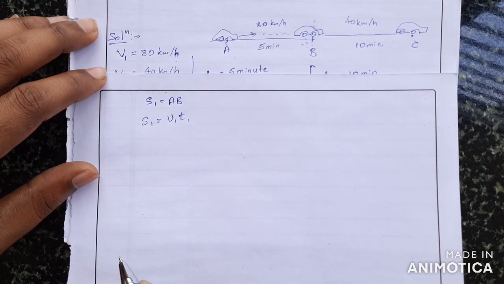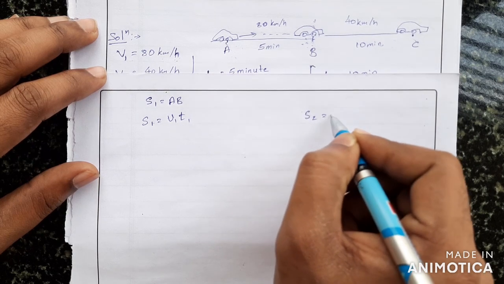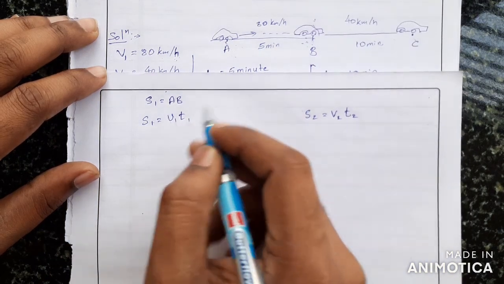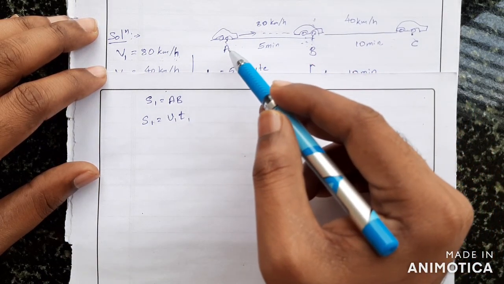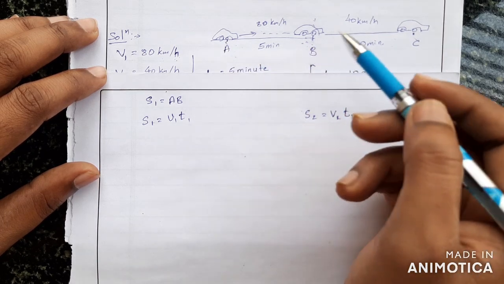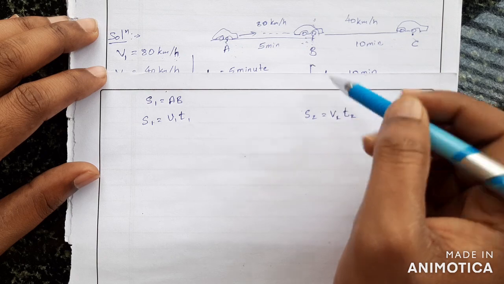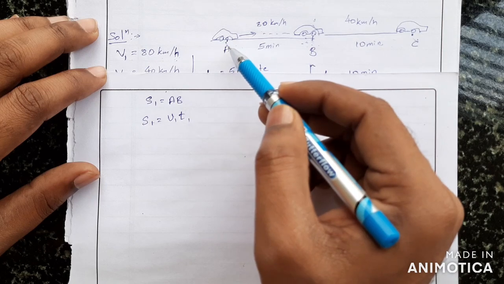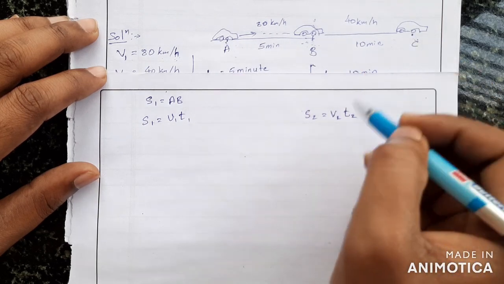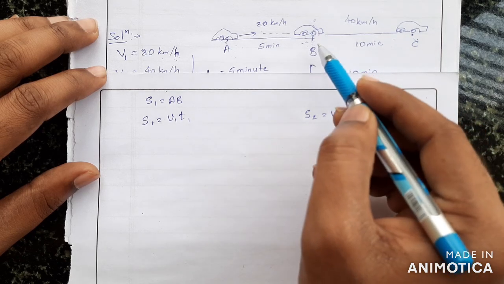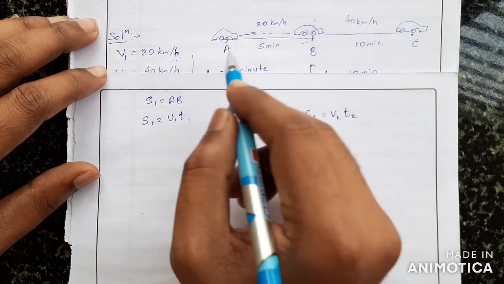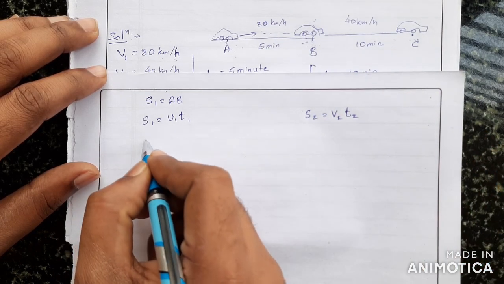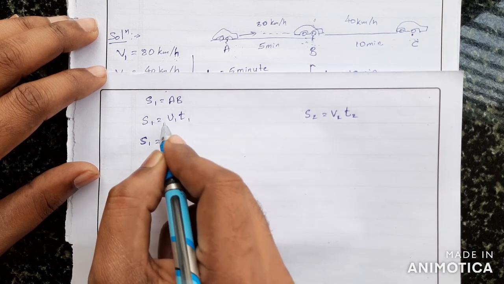Following? Similarly, I can also write S2 is equal to V2 T2, where V1 is the velocity of the car when it goes from A to B, and V2 is the speed or velocity of the car when it goes from B to C, and T1 is the time taken when the car travels from A to B, and T2 is the time taken by the car when it travels from B to C. So distance AB is S1, distance BC is S2, and hence now S1 is equal to, what is V1?